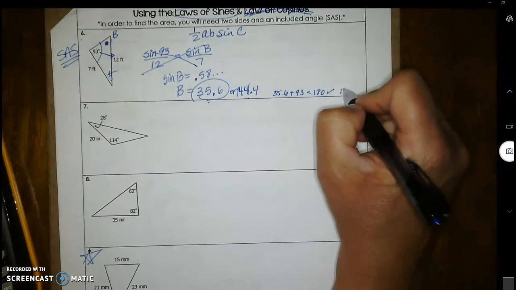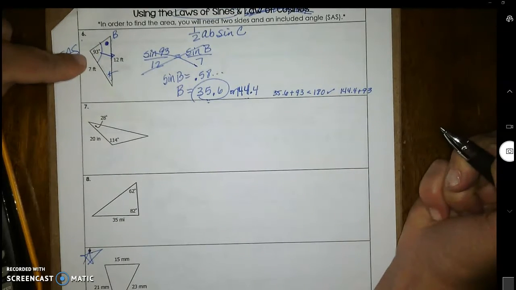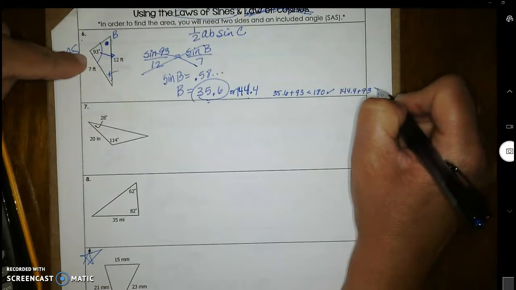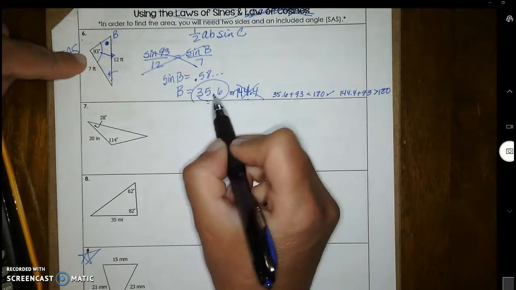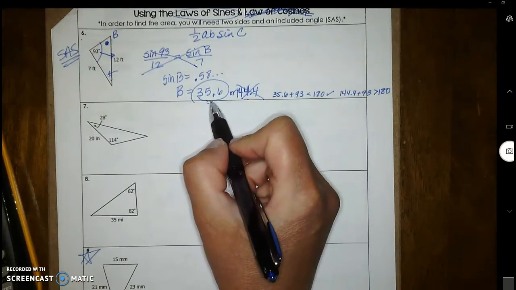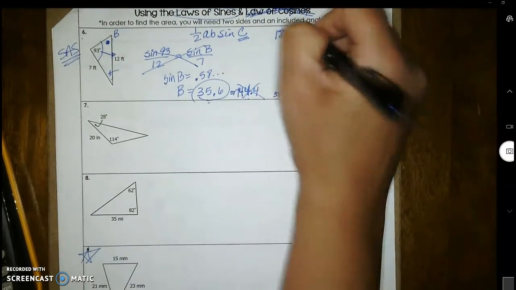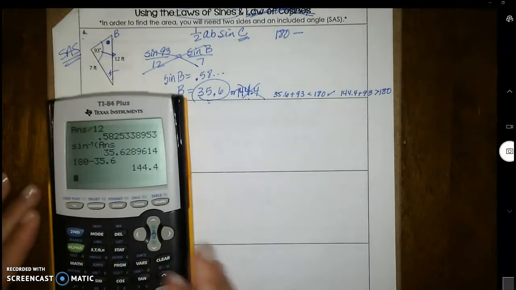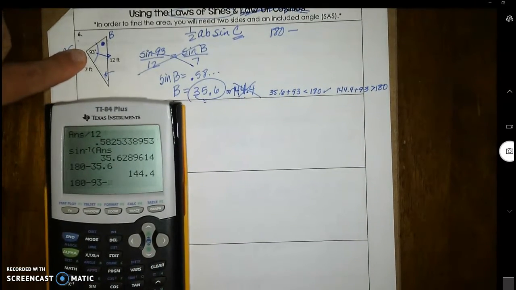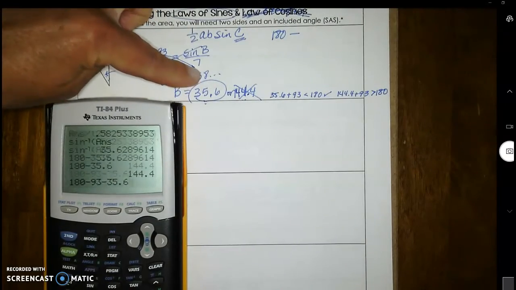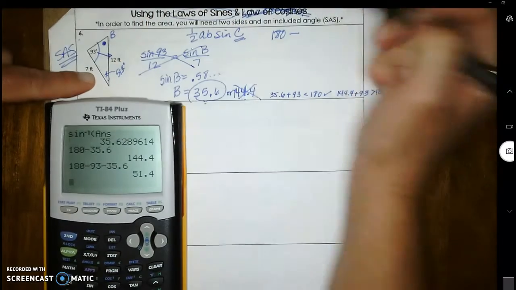What about that 144? 144.4 plus that 93-degree angle that I had before, that's going to give me something that is bigger than 180, so it's not that angle. So I know that angle B is 35.6. So now I just need to find what angle C is. So I'm going to do 180 minus the 93 from before minus the 35.6 that I just got, which means that this angle inside here is 51.4.